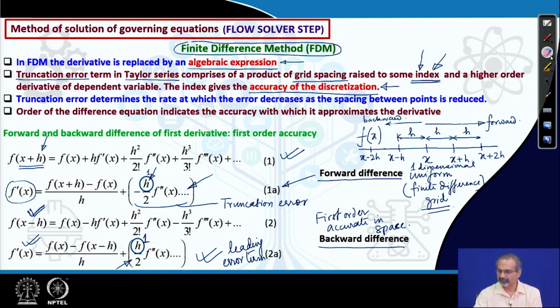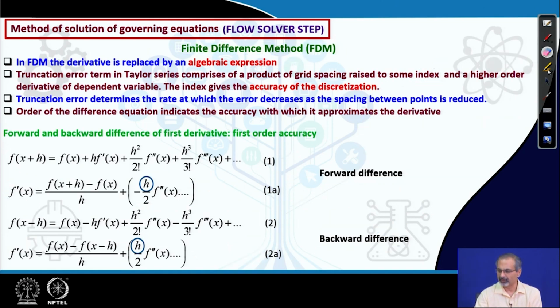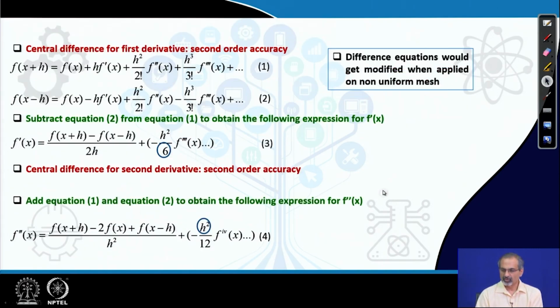So, with this we have a basic idea of what finite difference discretization looks like on a uniform one dimensional grid. Now, we can proceed further and try to work out many more expressions. One of them is what is called the central difference of the first derivative. What does central difference mean?